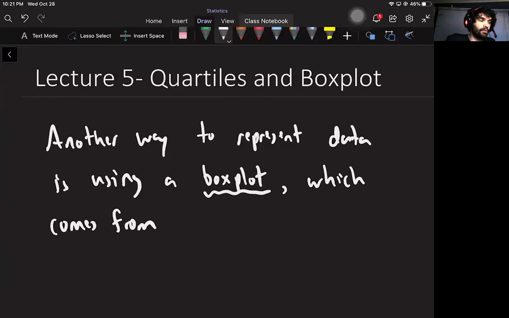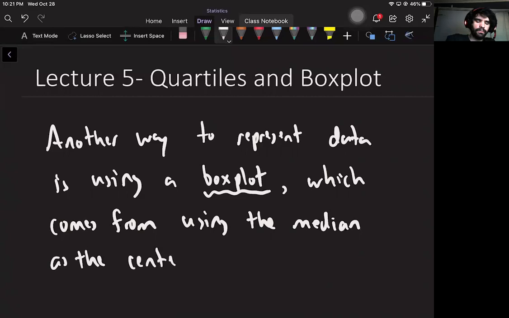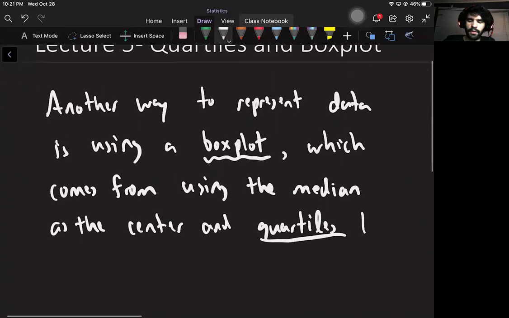But in any case, it comes from using the median as the middle, or the center of the data. And then quartiles, these other things in the title, which sound very fancy, but they're not so bad. Instead of standard deviation to show spread.